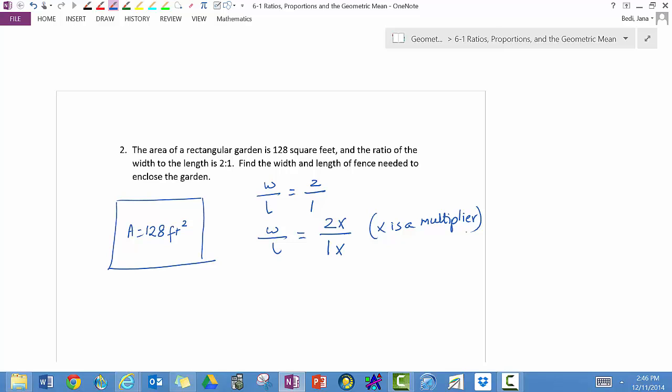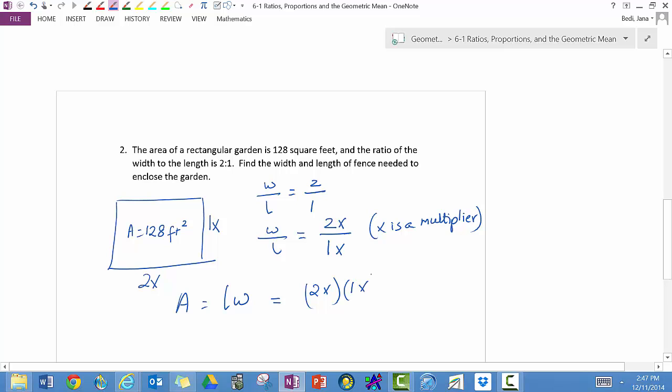So what I'm going to do now is label my width and my length. Let's say the width is 2x and the length is 1x. I know area of a rectangle is length times width, so it's 2x times 1x.